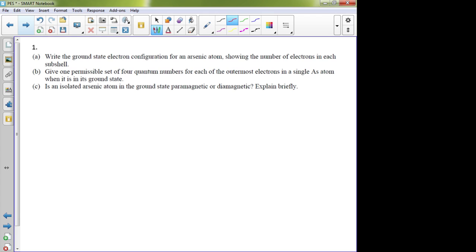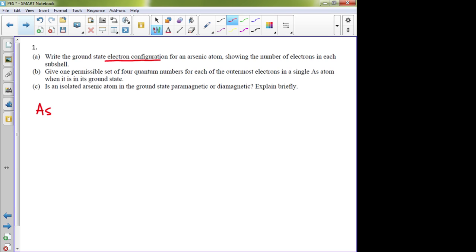All right. Number 1A says write the ground state electron configuration for an arsenic atom showing the number of electrons in each subshell. So electron configuration is letters and numbers. You didn't have to draw the arrows, you just had to do your letters and your numbers. So arsenic is As on the periodic table. It is number 33.